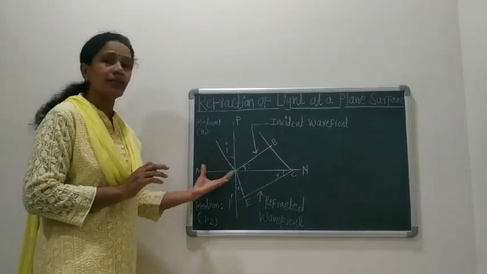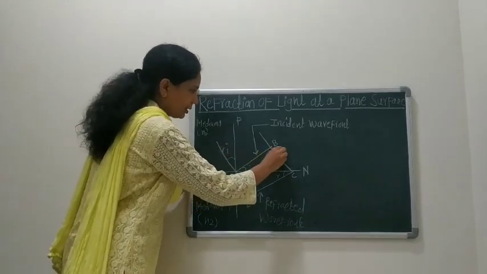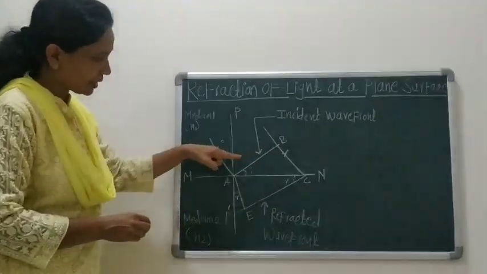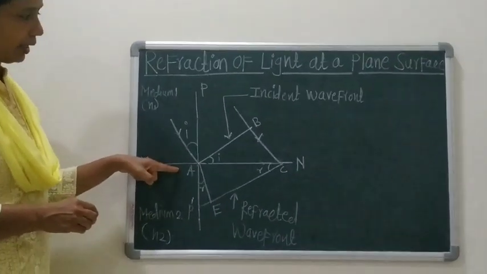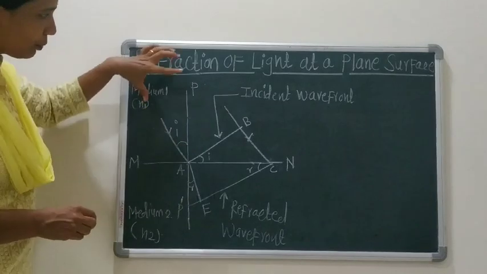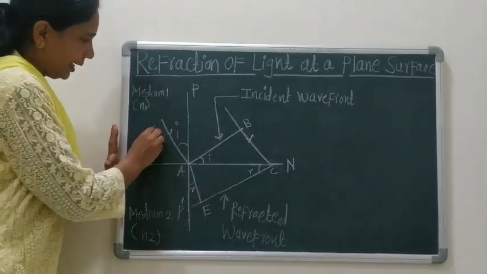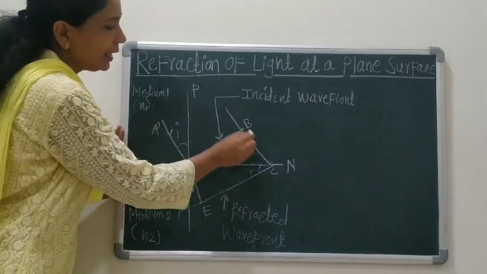Let us see the ray diagram related to it. Yes, see this. What is AB? AB is nothing but a plane wavefront which is bounded by rays A' and BC.